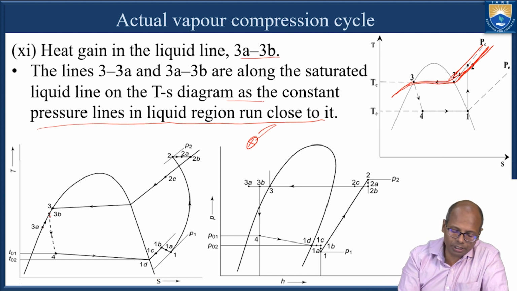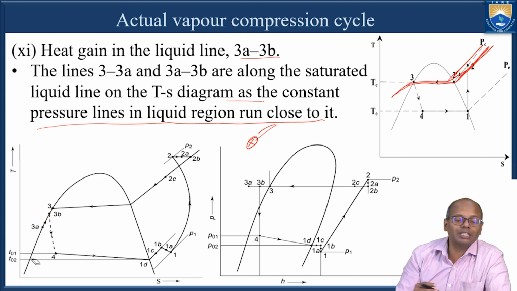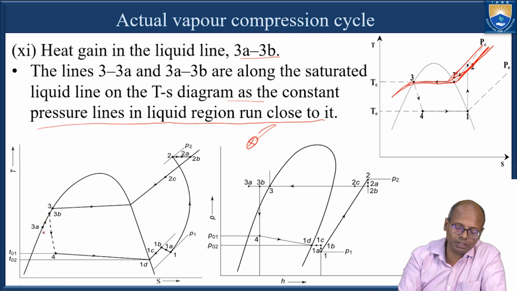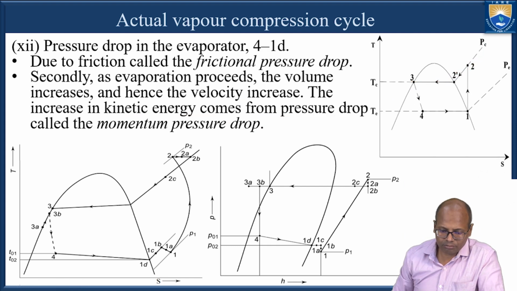So what they are doing is representing them on the saturated liquid line only. Since these are close to this line, instead of representing separate lines, they represent the liquid lines on the same saturated liquid line.